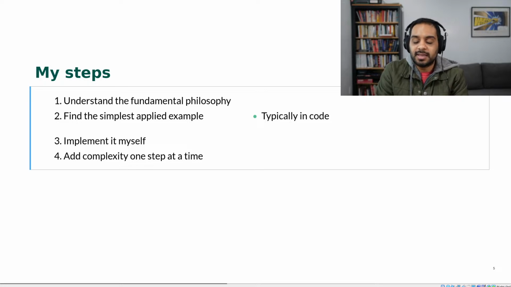So then it's a matter of saying, okay, what's the next thing I can do to make this a little bit more complex? So rather than using the probabilistic version of Bayes, maybe I'm going to now use the inverse probability method of Bayes. With our state space model book club, we're going to start with hidden Markov models. You'll see why in a second. And then we'll move our way up to more complex models that have more states, maybe moving from categorical predictors and states to continuous emissions, things like that.